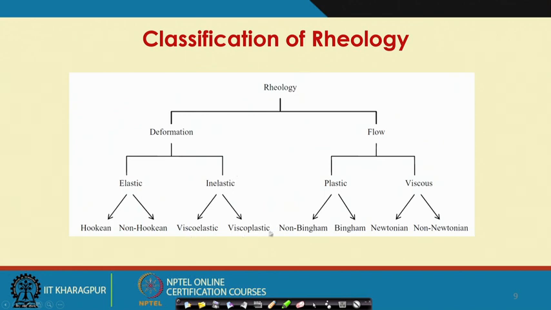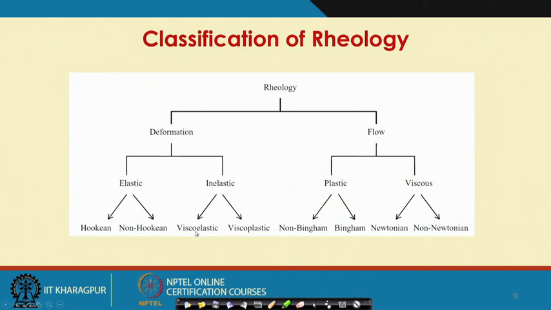Viscoelastic means they possess both the property of a viscous material, that is fluid behavior, and plastic nature, that is they need some yield stress to flow. Viscoelastic is very important in terms of food. We will eventually discuss this in a later class, because most food items come under this category, for example dough and many kinds of batter or mix.